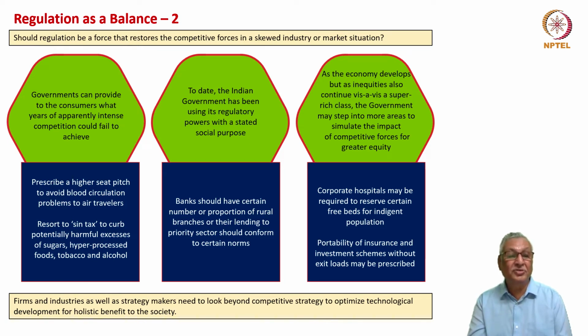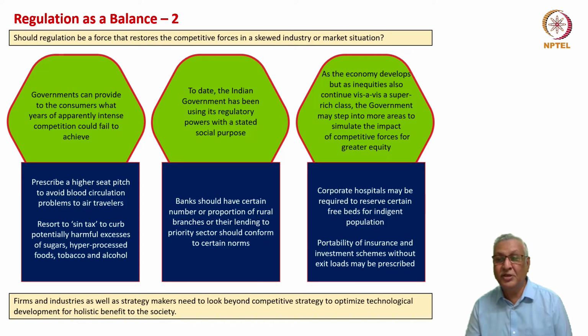Similarly, we can resort to sin tax to curb potentially harmful excesses of sugar, hyper-processed foods, tobacco and alcohol. To date, the Indian government has been using its regulatory powers with a stated social purpose. For example, banks should have a certain number or proportion of rural branches, or their lending to the private sector should conform to certain norms.